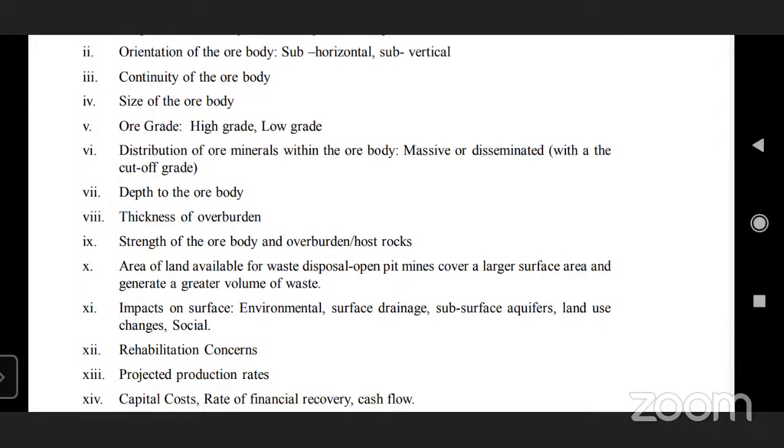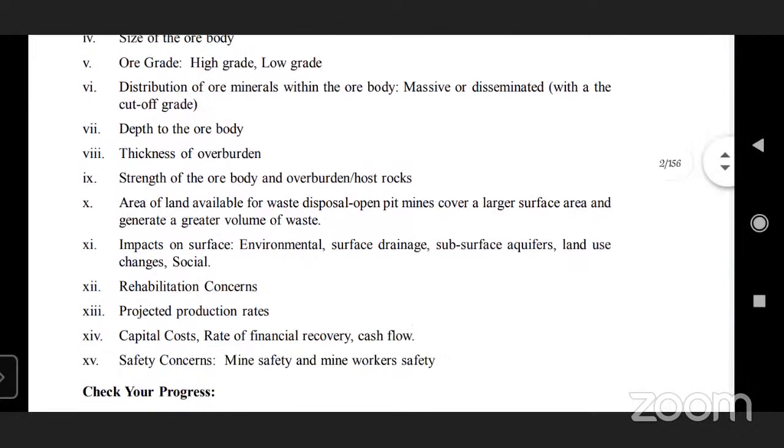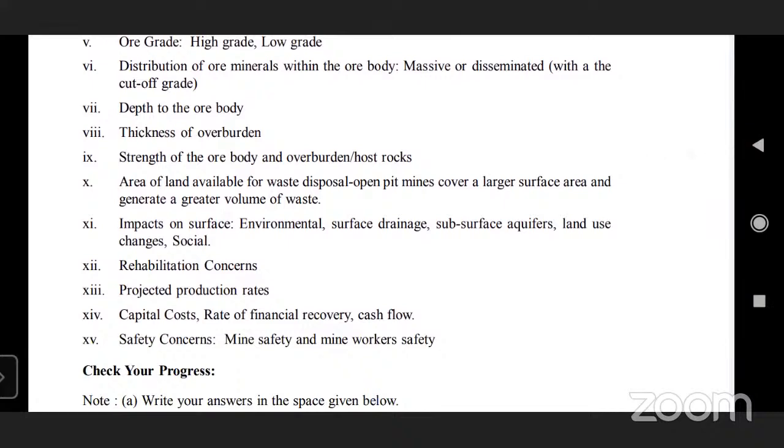And the rehabilitation concerns. So what are the rehabilitation concerns from the health point of view of people who are living in the surrounding of these mines and within the mine? Rehabilitation concerns and projected production rates and capital costs, rate of financial recovery, cash flow, safety concerns, mine safety and mine workers safety.